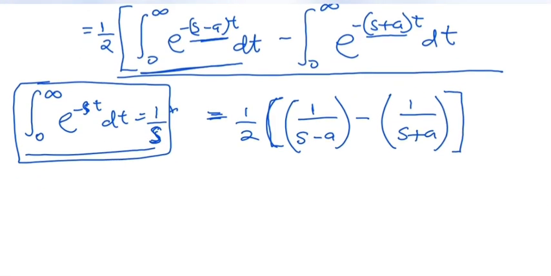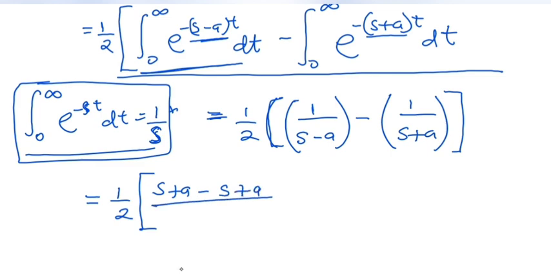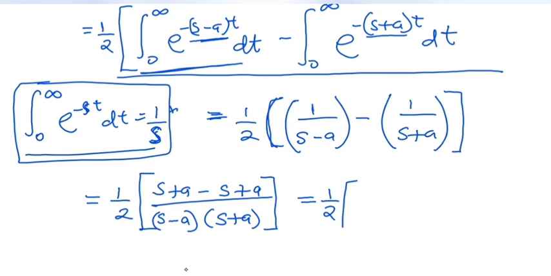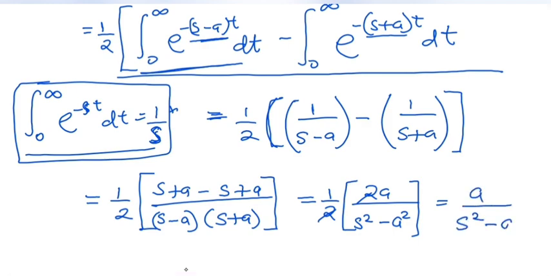And if you solve this, you're going to have that this is 1 over 2 times (s plus a minus s plus a) all over (s minus a)(s plus a), and this will give you 1 over 2 times 2a all over s squared minus a squared, and you can cancel out the 2, and we'll have a over s squared minus a squared.